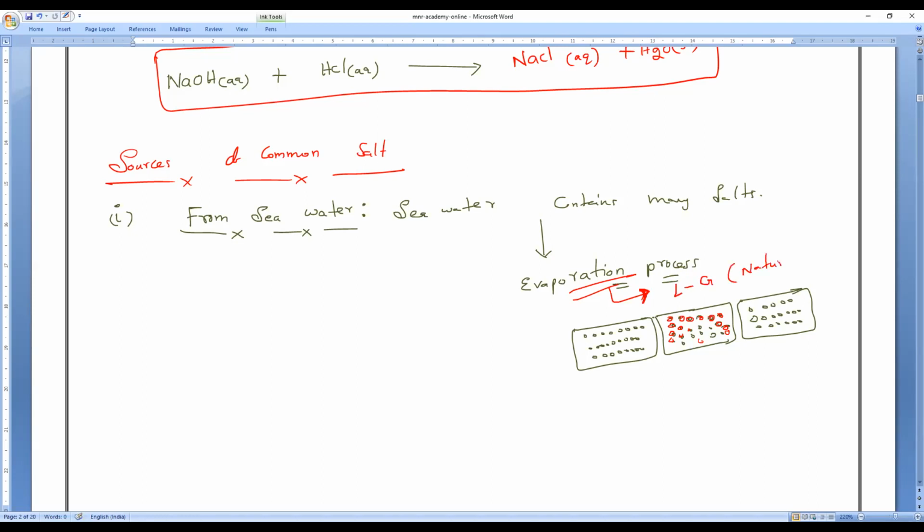Is it a natural process or an artificial process? It is a natural process. That is what you have to remember. So from seawater, this is the main thing for sources of common salt.